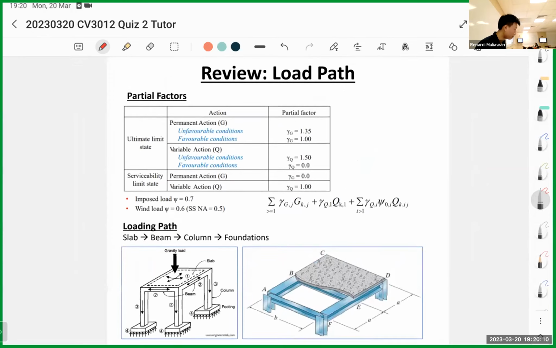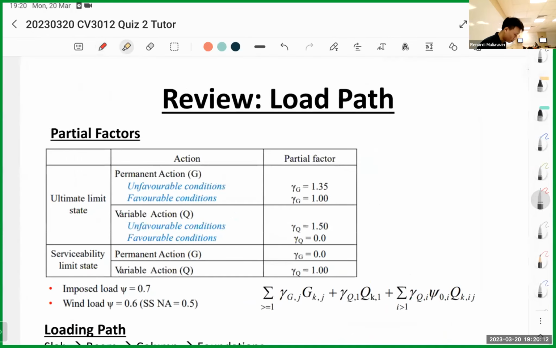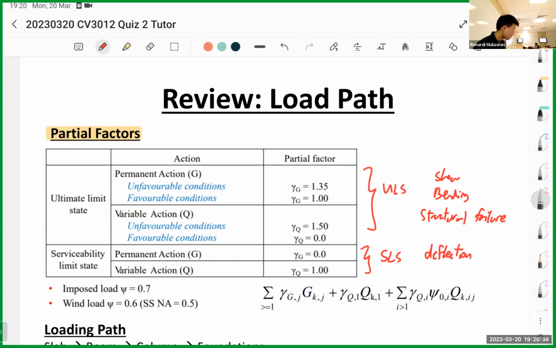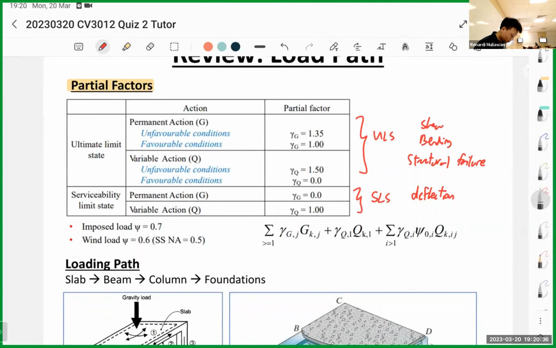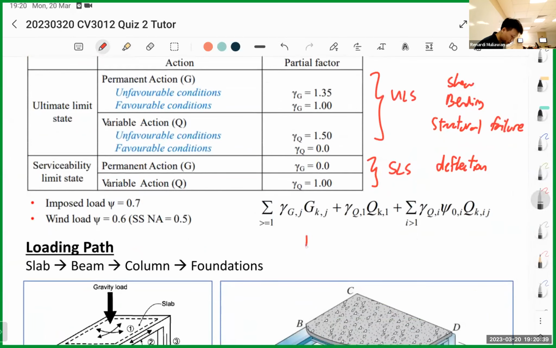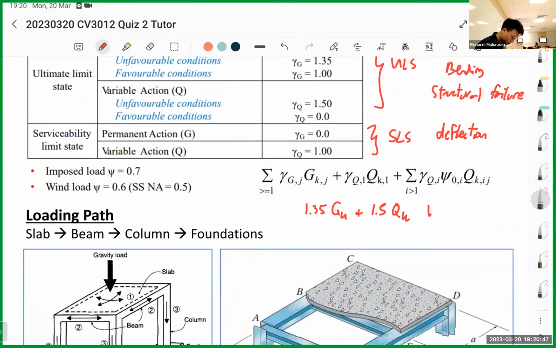Then the second thing to review is the load part. Before that, we have partial factors. ULS means anything to do with shear, bending, basically structural failure. Serviceability is SLS, anything to do with deflection. I hope you remember for ULS, it's 1.35 times permanent plus 1.5 times variable.